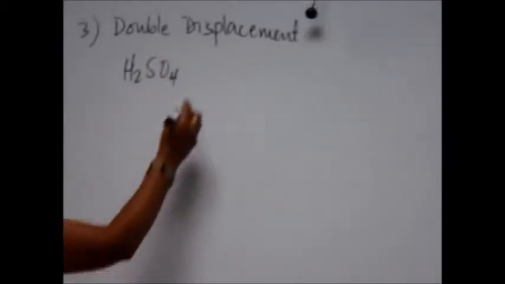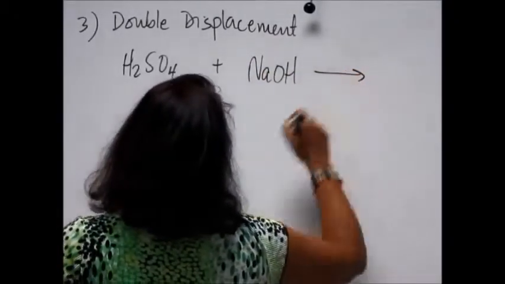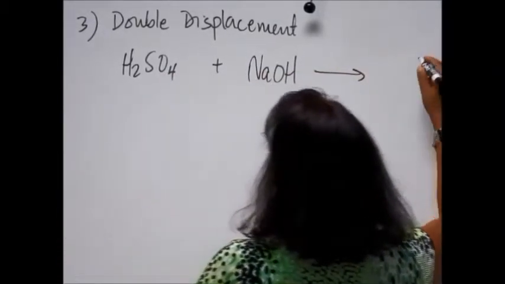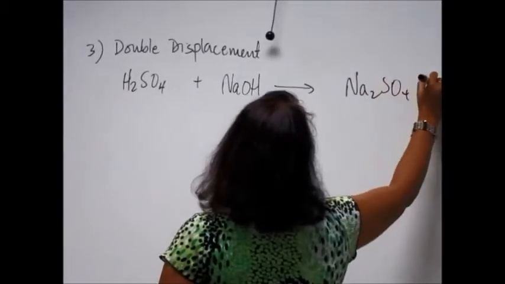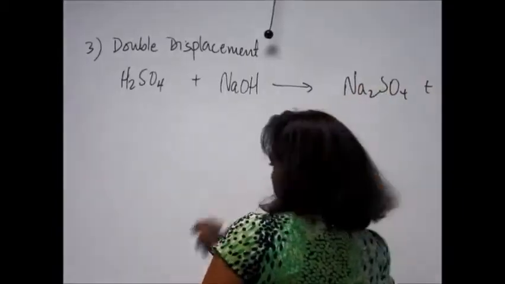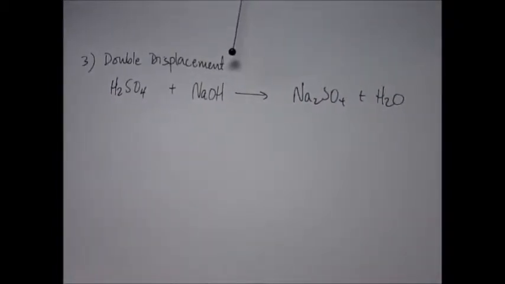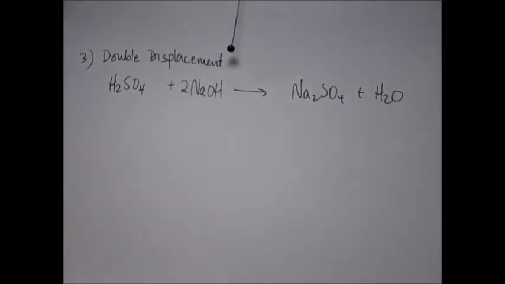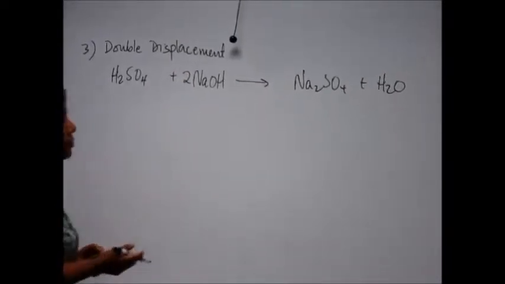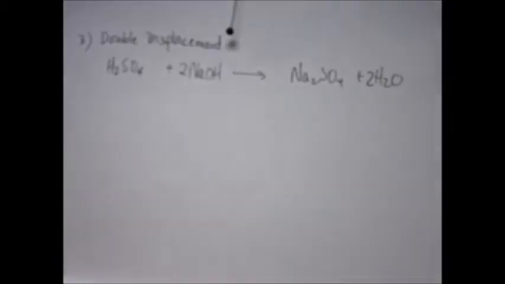So here, if you have H2SO4 plus sodium hydroxide, sulfuric acid plus sodium hydroxide, to give you sodium sulfate and water. And again, if you want to scratch the itch, you can do that. 2NaOH, and then I think it should be 2H2O. That will balance the equation.